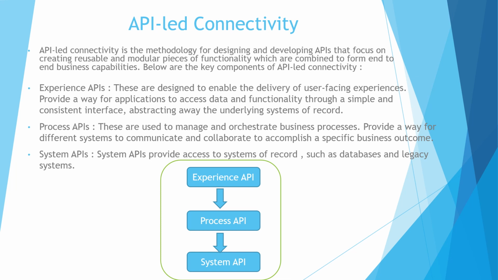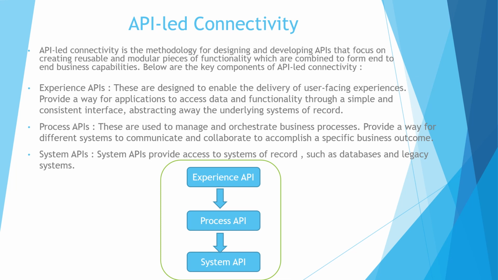They provide a way for applications to access data and functionality through a simple and consistent interface, thereby abstracting away the underlying systems of record. This allows companies to quickly and easily change the front end of their applications without having to make changes to their backend systems. Next comes the process APIs.